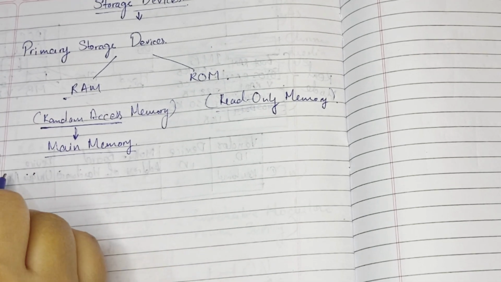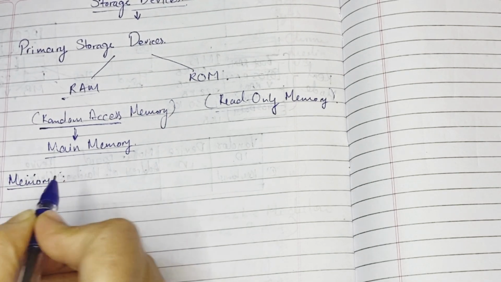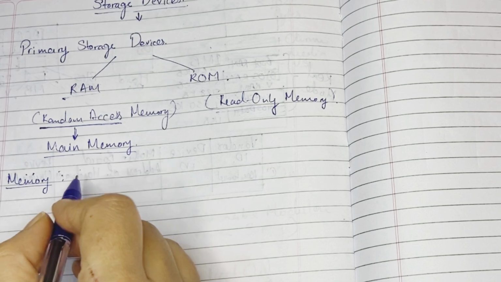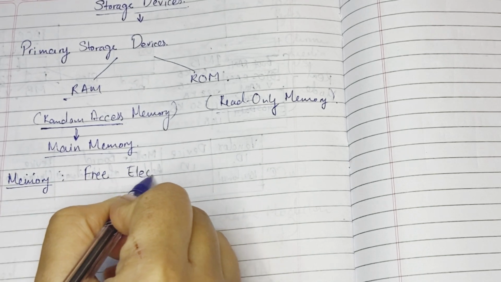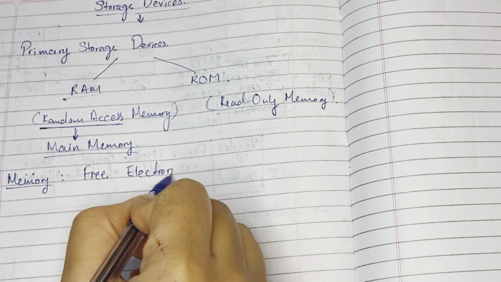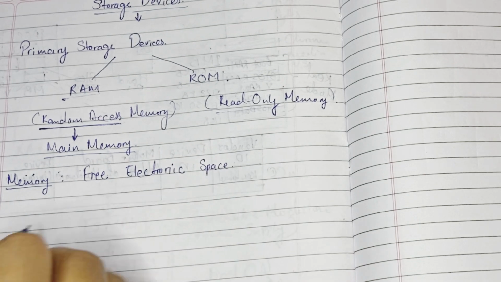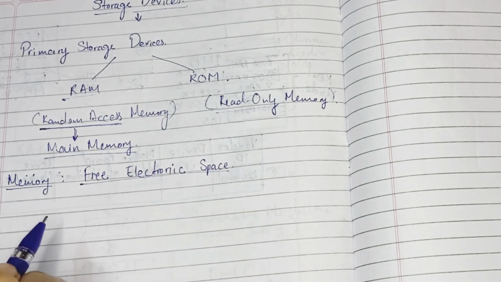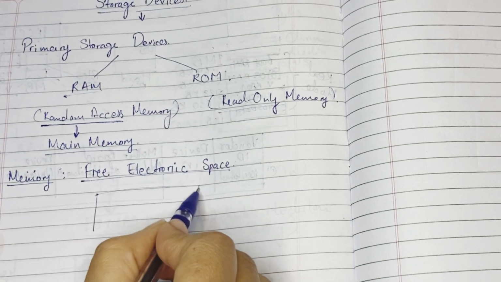Now we'll try to understand what memory is. Memory is basically free electronic space. So what is this free electronic space? It is made up of multiple cells.